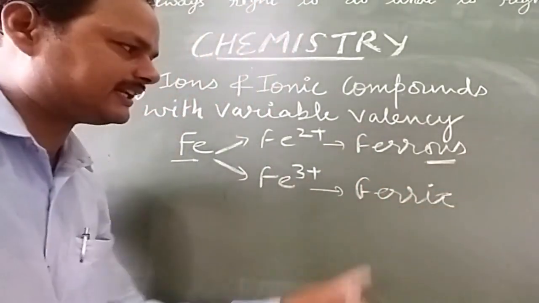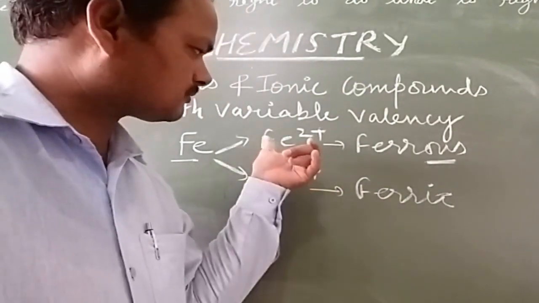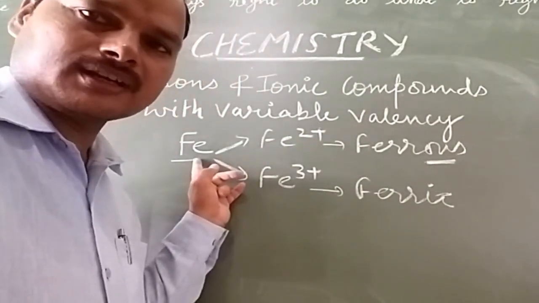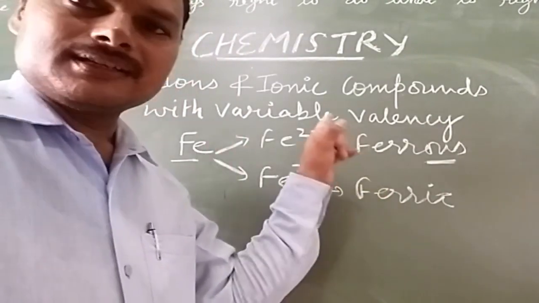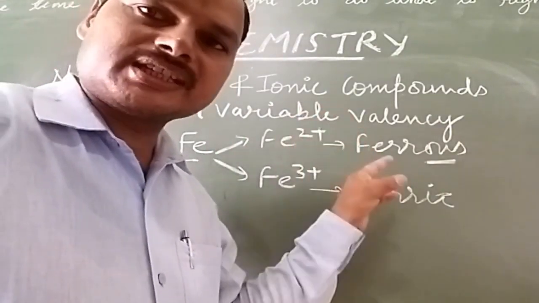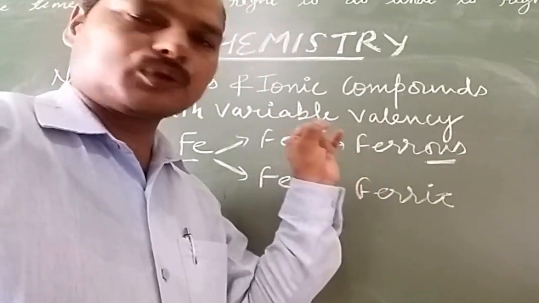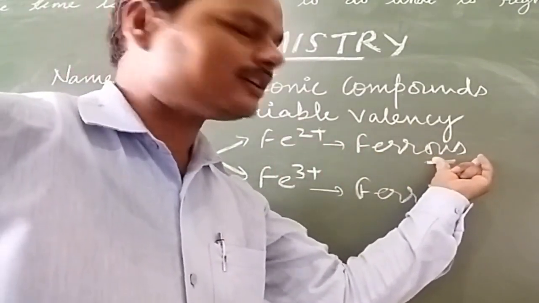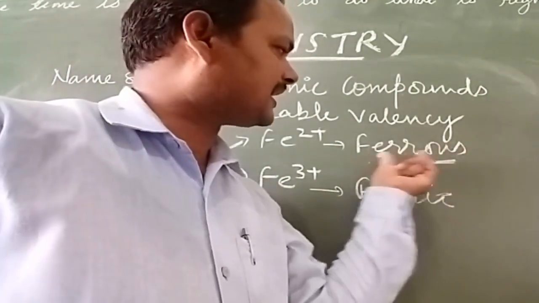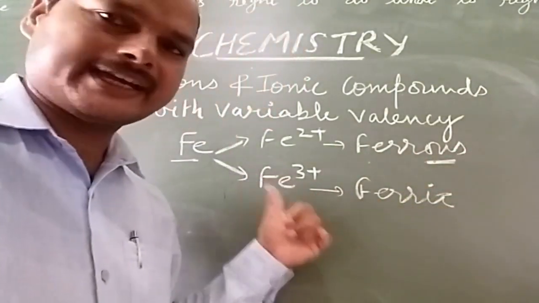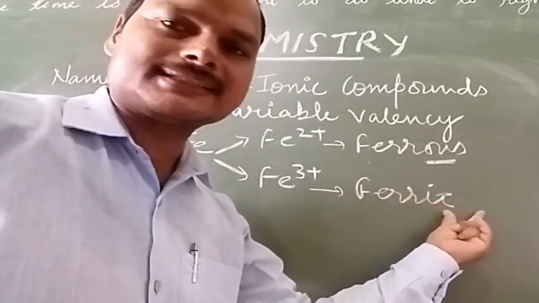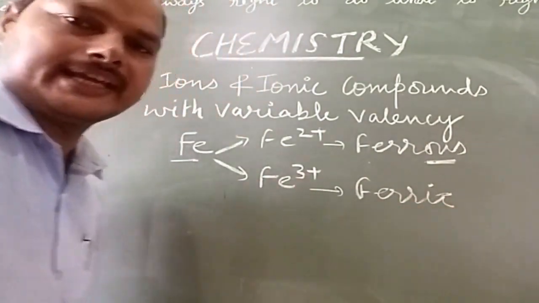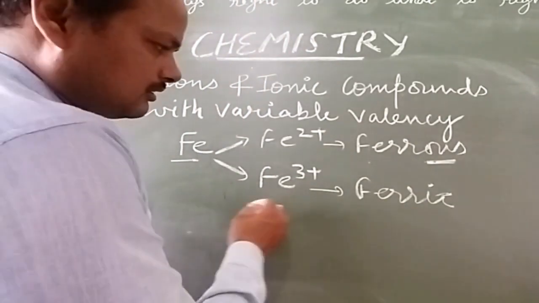Again I am explaining that rule. If two valencies are shown by any atom or element, then for the lower one the name is written by writing OUS just after the name, ferrous, and for the higher one we write IC, like ferric.